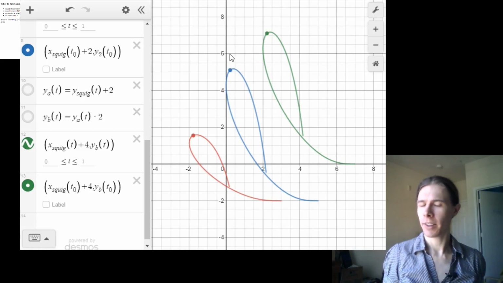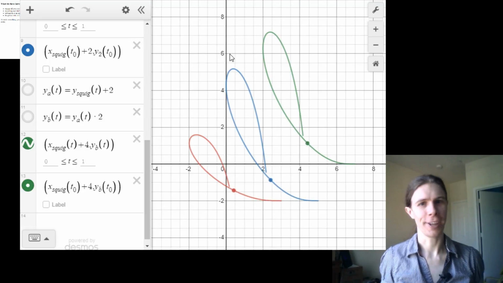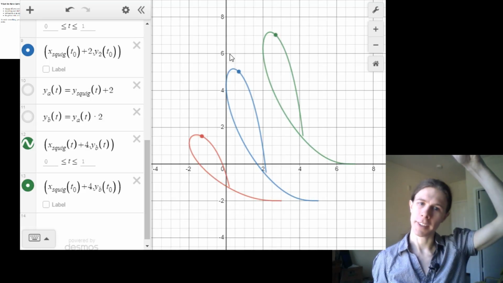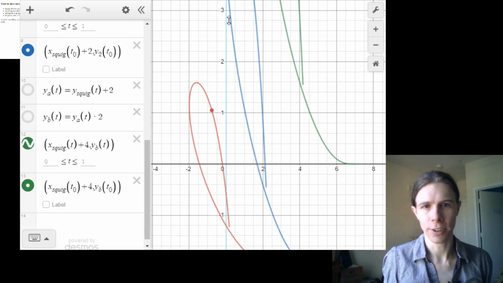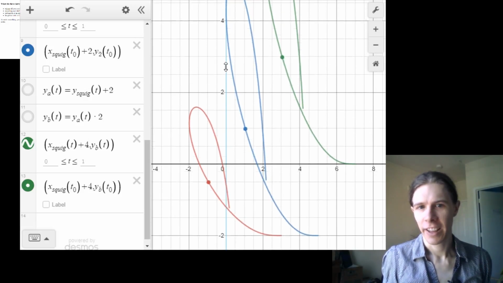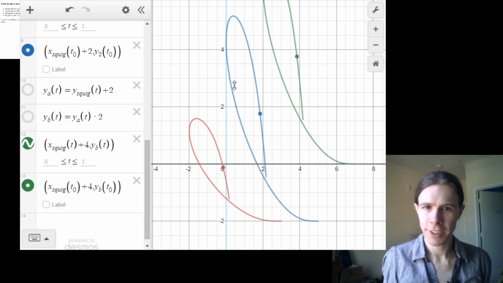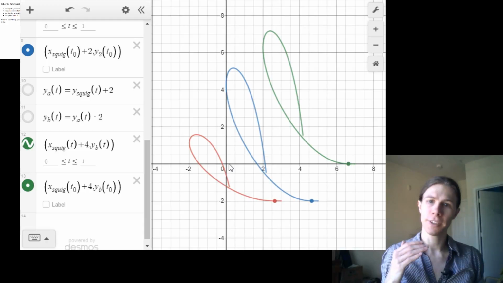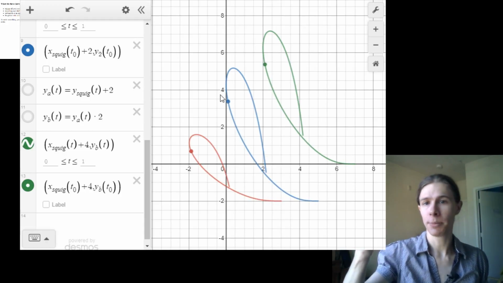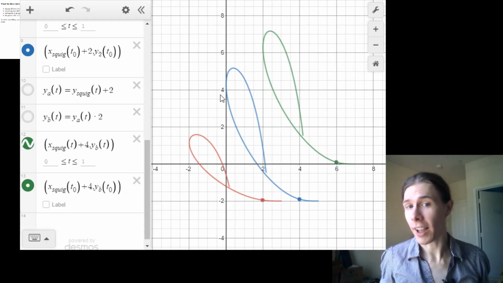Where I end up depends on where I am when I stretch. When I stretch things, it does this sort of action, right? And as you can tell, I'm stretching everything away from 0. So things close to 0 stay about where they were, while things far from 0 move a lot.